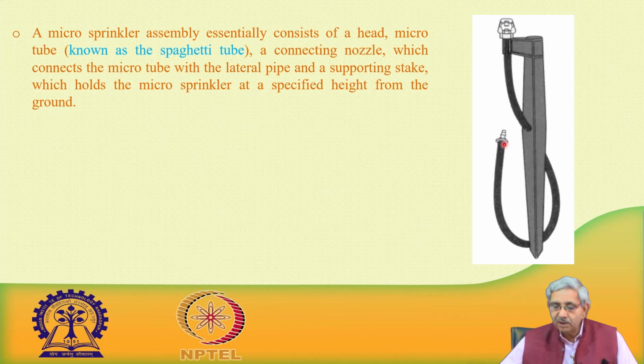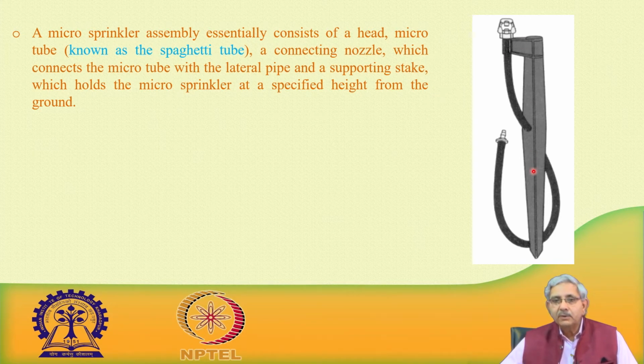This end which we are seeing here has a connecting nozzle, similar to the barb in case of drip emitters. Then there is a supporting stake, which holds the micro sprinkler at a specified height from the ground.